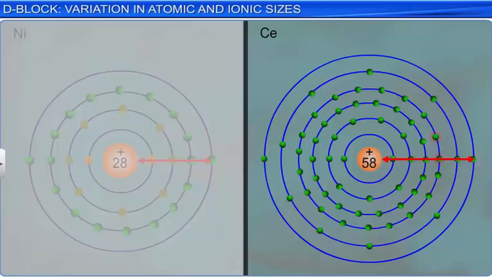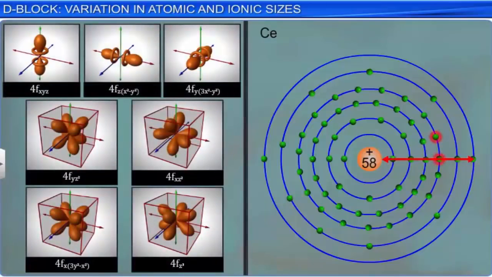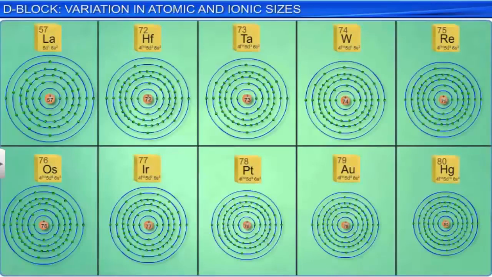Thus, with an increase in the nuclear charge at each step, there is no comparable increase in the mutual shielding effect of 4f electrons. As a result, the electrons in the outermost shell experience increasing nuclear attraction from the growing nucleus. Consequently, there is a fairly regular decrease in the size of the entire 4f^n orbitals.